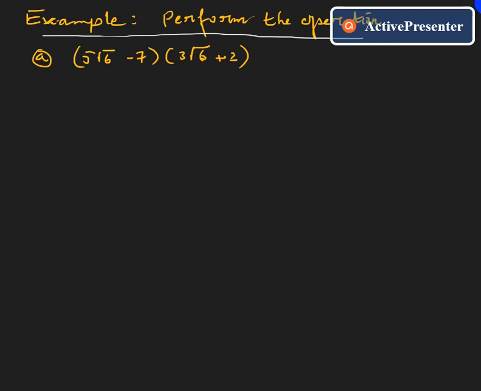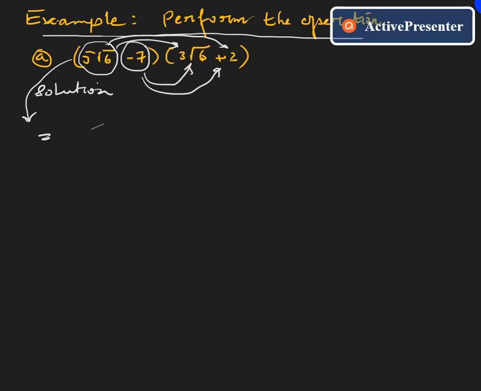So the solution is that this expression is equal to: we will take this 5 multiplied the square root of 6, and multiply it into here first and into here. Also we will take this minus 7 and multiply it here and here. So let's see together how this is performed.